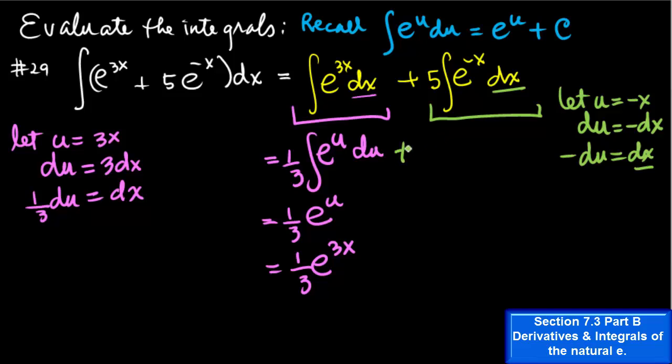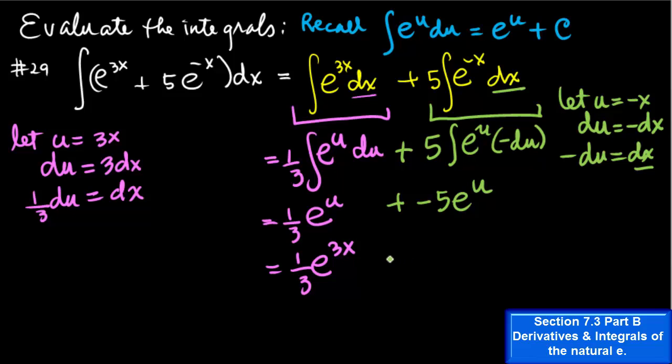This becomes plus 5, the integral of e to the u, and then minus du. Now I'm going to pull out that negative. So we have here plus a negative 5 e to the u. So minus 5 e to the minus x, and then finally plus a constant.